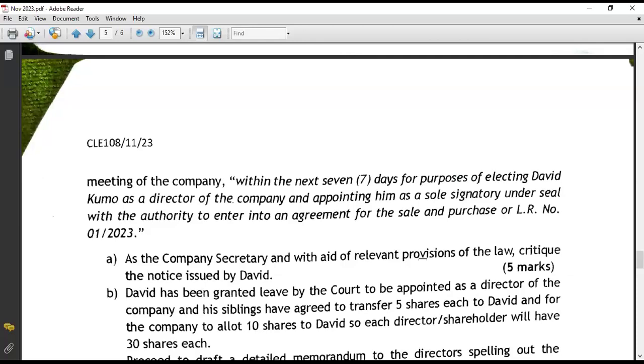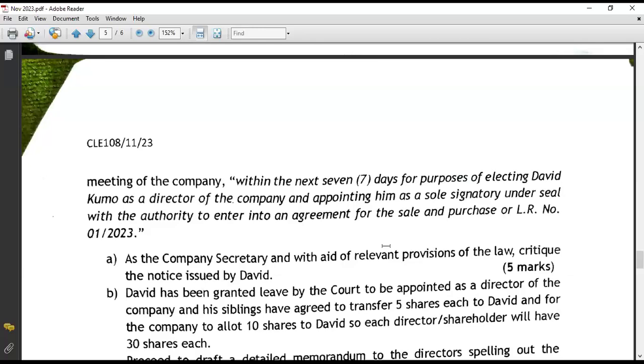It is an offense to act as a director when you have been declared bankrupt. It is an offense. Section 301(1)(a). So those are 2 points.